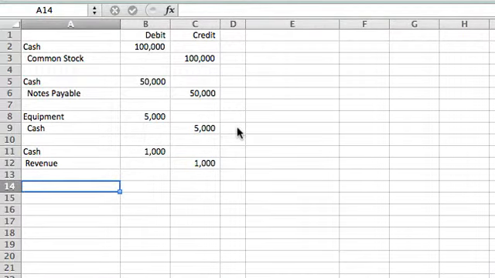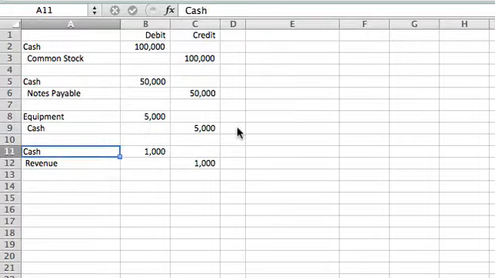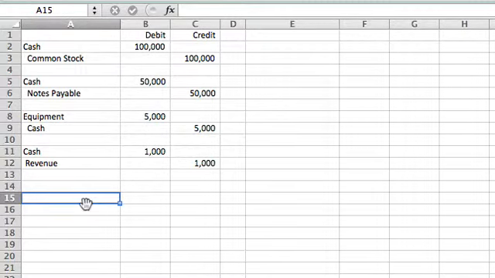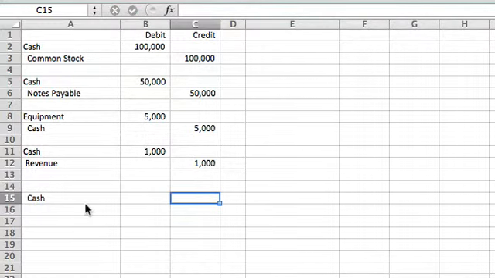Then the company went and paid some wages in cash. So here's an example where, even though the debit is usually listed first, I don't necessarily have to write it first. I know that cash decreased by $200 in our example, so I'm going to credit cash $200.